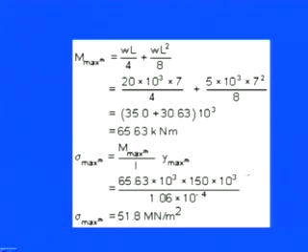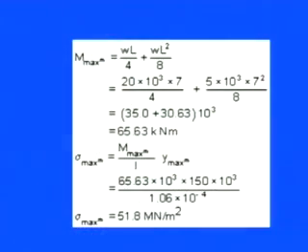Once we have this, we can easily calculate the maximum bending stress. For that, sigma maximum is nothing but equal to M maximum divided by I into y maximum. Keeping those values, 65.63 into 10 to the power 3, which is the maximum bending moment we calculated above, into y, where we want to find it at this 150 millimeter from that side.